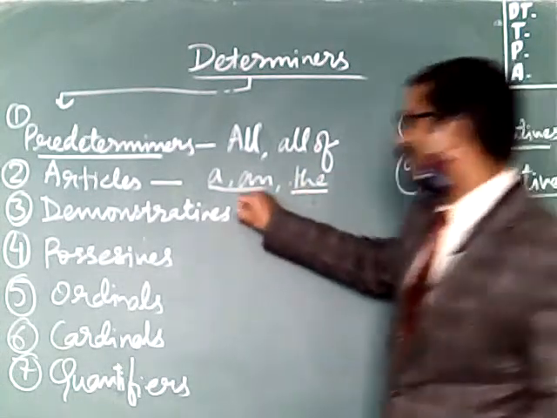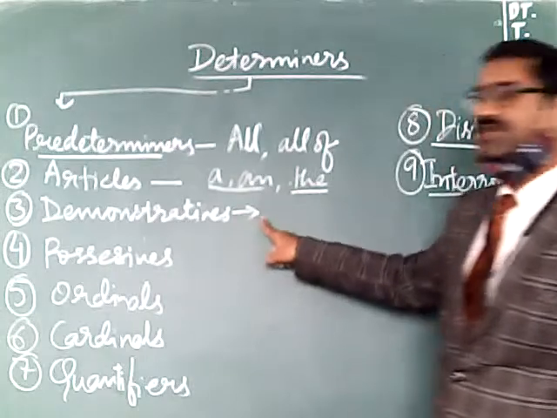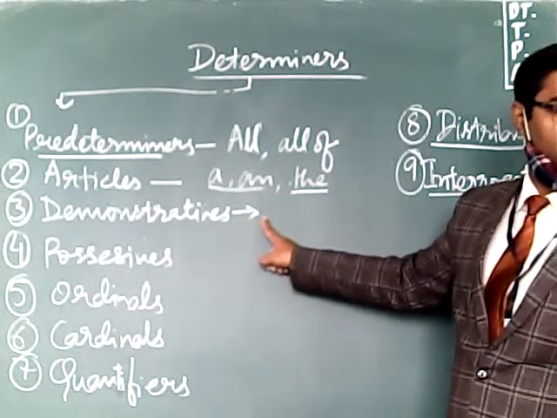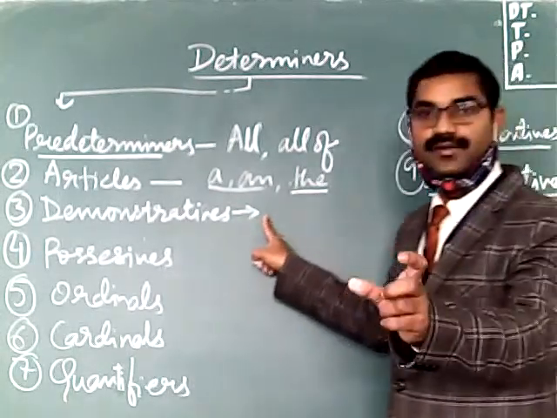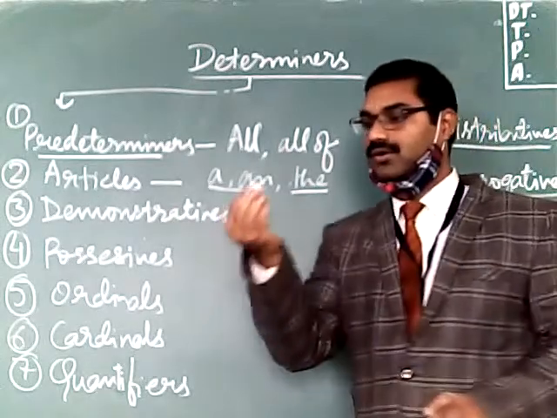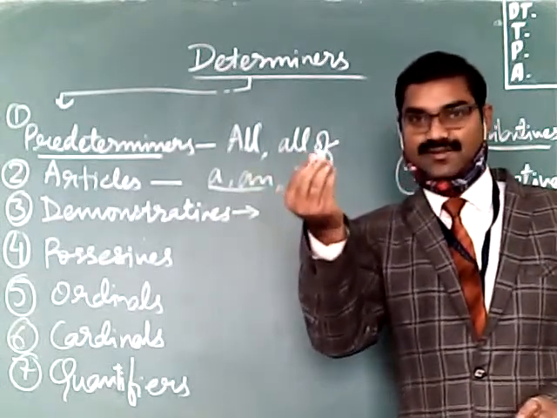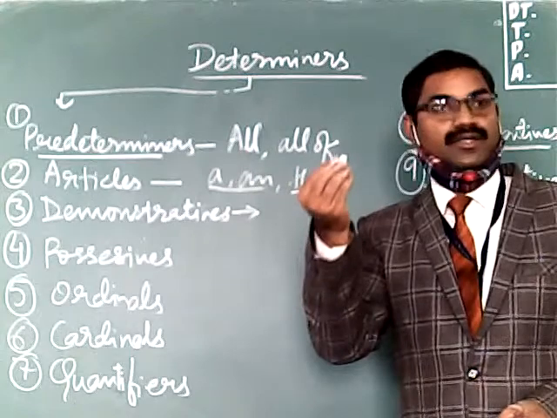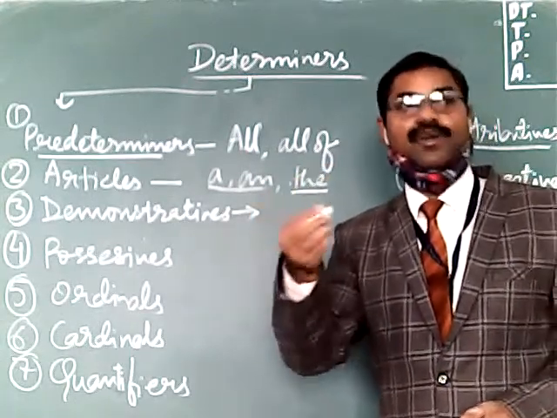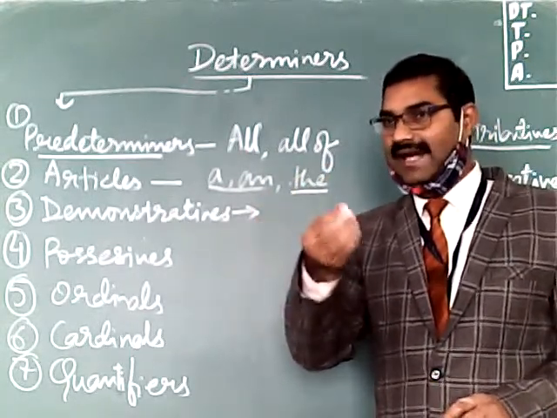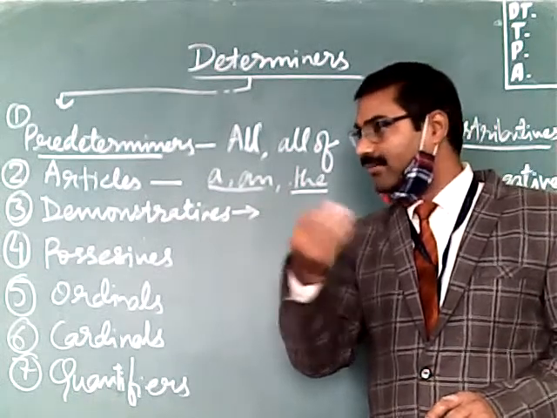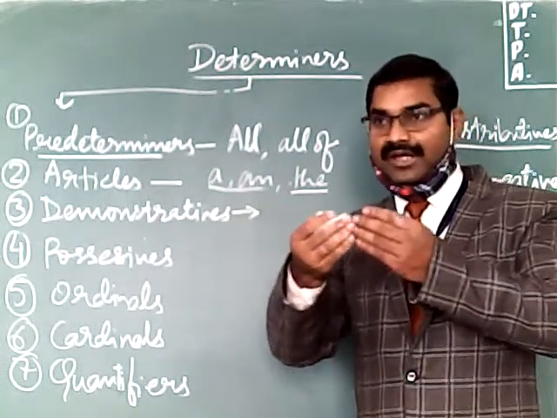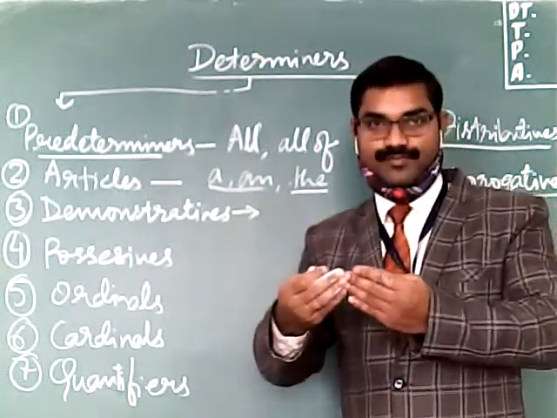Demonstratives are the words which are used to show something. If I want to show a chalk piece, I will say this in singular, these for plural. So this and these, singular and plural, are used to show something near or before your eyes.